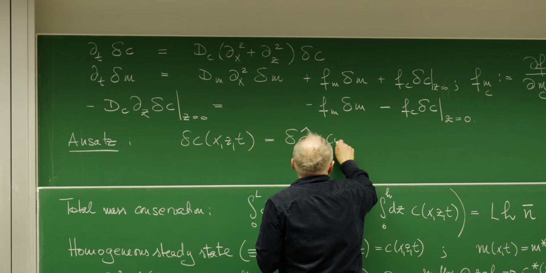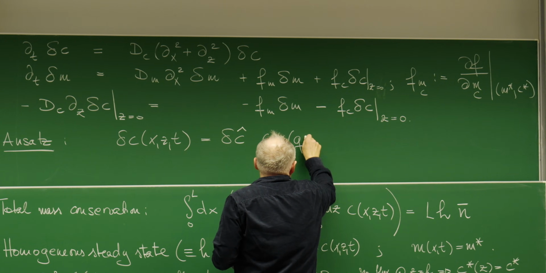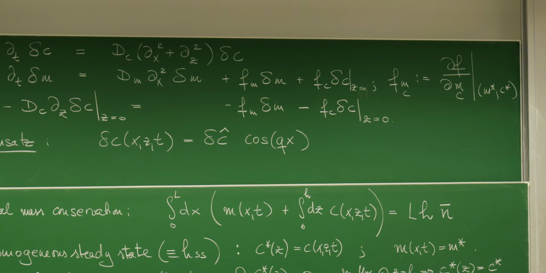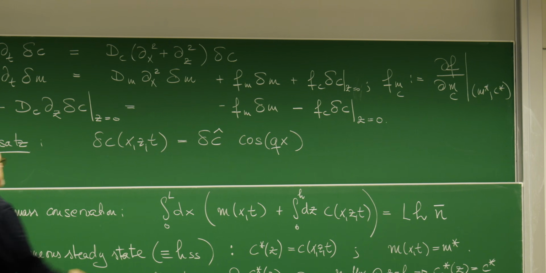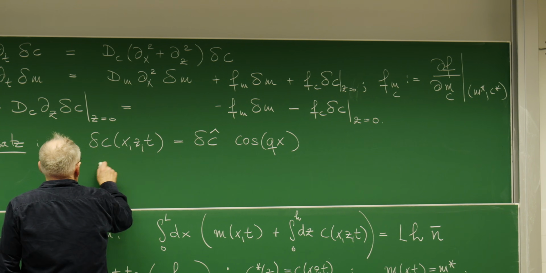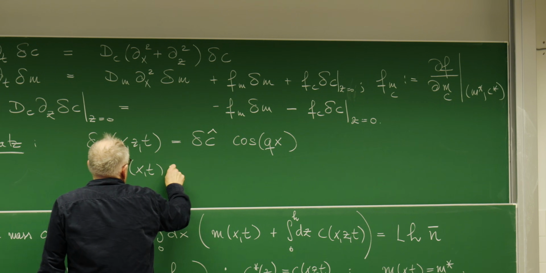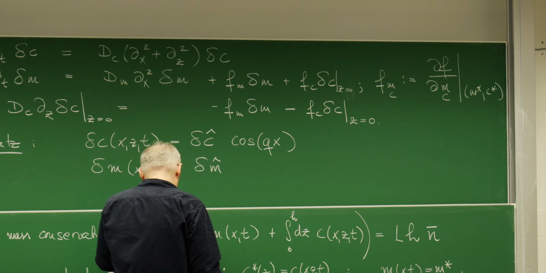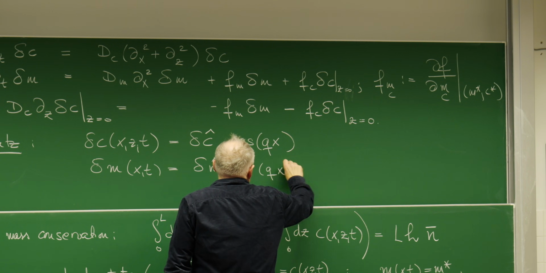And then I have a cosine qx as a possible basis set for the solutions in the x direction. The same, there comes more, but I'm writing this here now for the moment. This is an amplitude delta m hat, also times the cosine of qx.